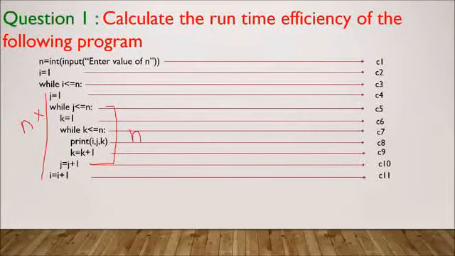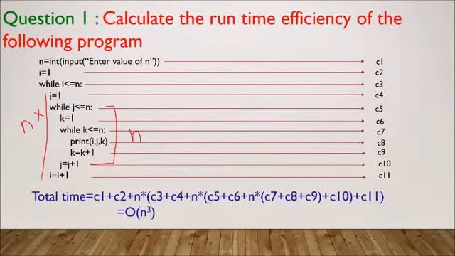So when we calculate, the total time will be C1 plus C2, which was outside of this loop. That is why we have not multiplied it by n.